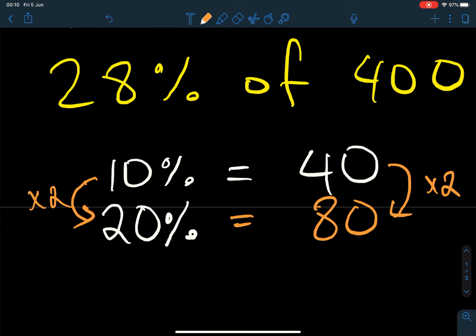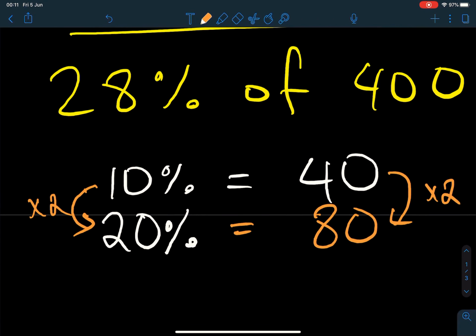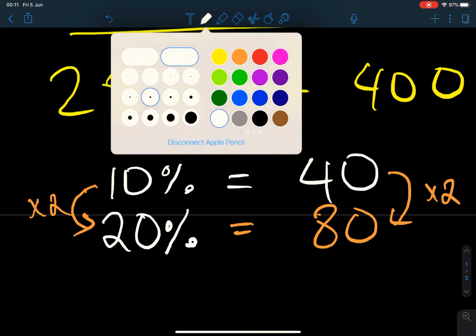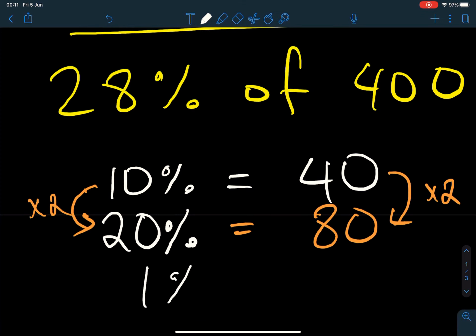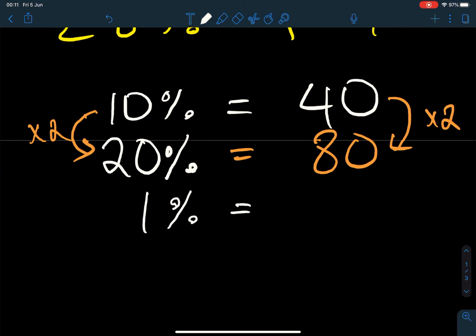So I've got 20% so far, but I want 28%. How do I get that remaining 8%? Some of you may have different ways of doing it, and they're all perfectly acceptable as long as you get 8%. So let's keep it simple. I want to work out 1% first, and then from 1% I can jump to 8%. How do I work out 1%?